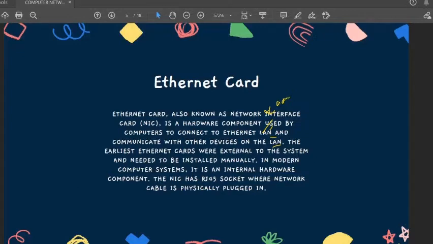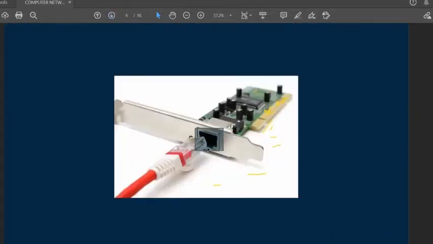In modern computer systems, it is internal hardware. The NIC has an RJ45 socket where the network cable is physically plugged in. Here you can see this is the RJ45 socket.